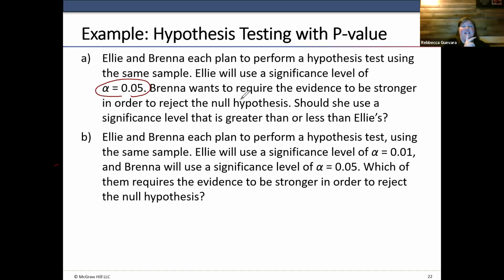Should she use a significance level that is greater than or less than Ella's? So you're thinking about that 5%, and anything in this region is acceptable. If we want to make this test stronger, we need to have less of an area for it to fall into. So it would have to be less than Ella's.